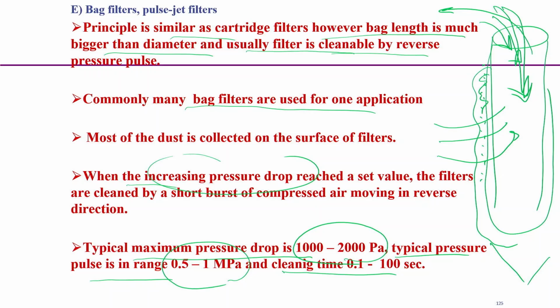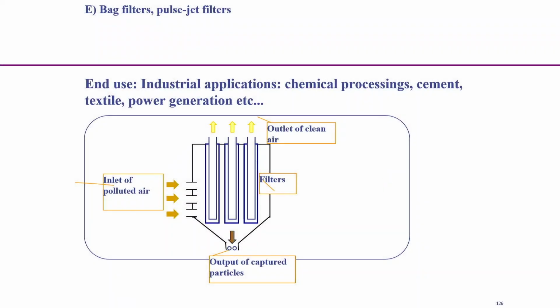So, maybe within a minute this reverse air flow goes, and it may be within a fraction of a second, 0.1 second, that it is immediately cleaned, and then again the normal flow will start. That way we continuously keep the filter clean, and this is the bag filter mechanism here.